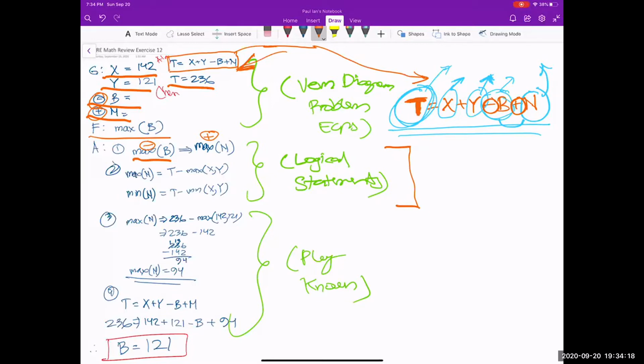And then if it's asking about maximum b or maximum n, you have to take the total and you minus the maximum of either one, x or y. That's just how I would think about it. In essence, the maximum of this is 142, right?